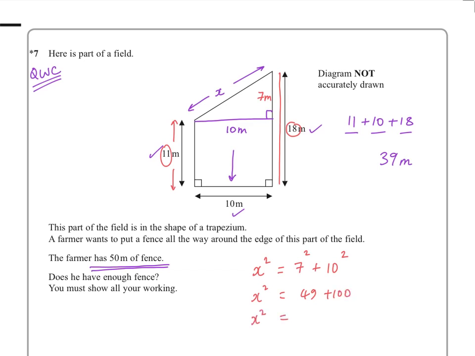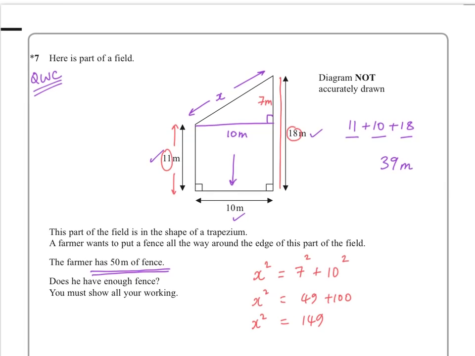So x squared would be 149. And all you really have to do is use your calculator. And if you did, you would see that x would be 12.206556 and so on.